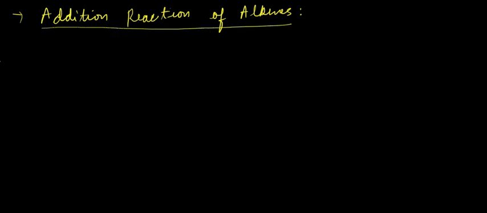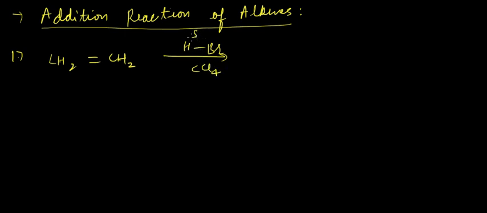Now, if we have something like this, and we are reacting it in the presence of HBr and CCl4, then actually this is the partial positive charge and this is a partial negative charge.